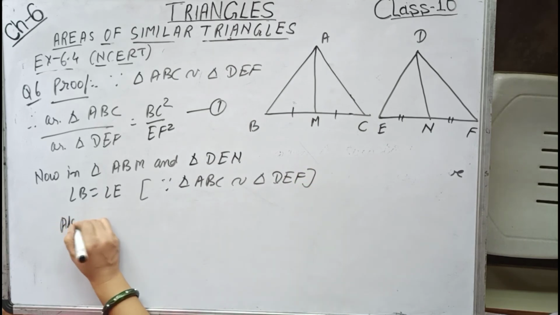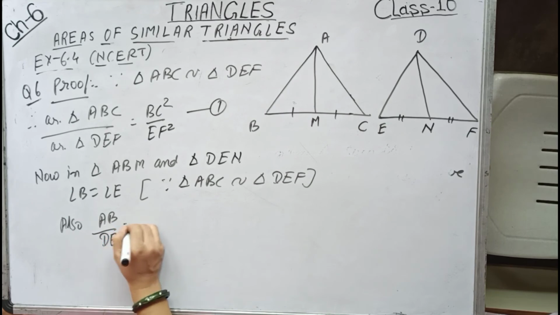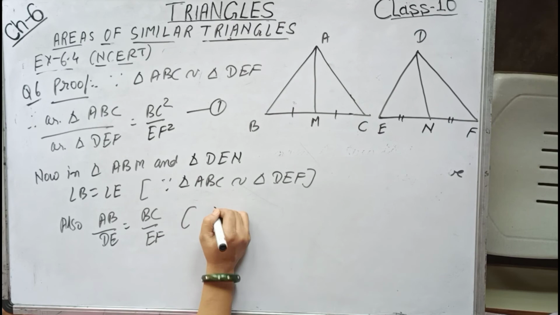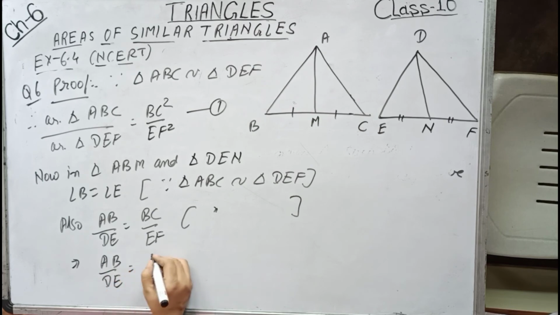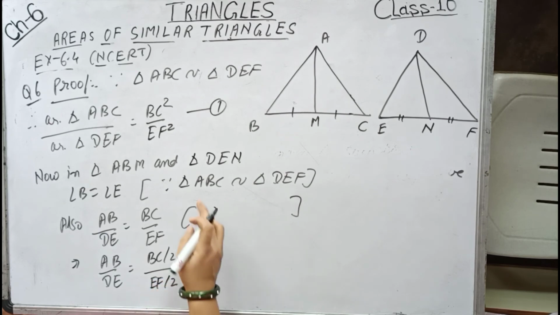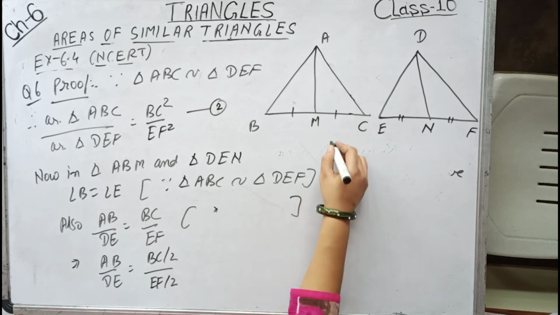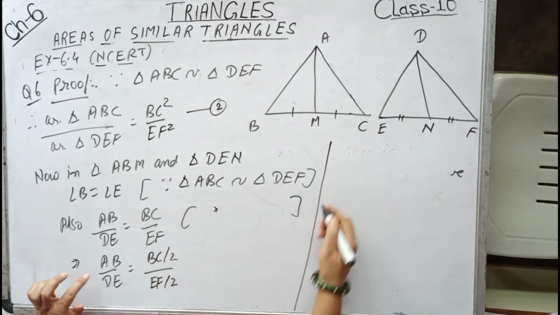Also AB by DE equals BC by EF, same reason. This implies AB by DE equals (BC by 2) divided by (EF by 2). I think here equation number 2 should be given, no? I gave one for this, wherever this relation was there.